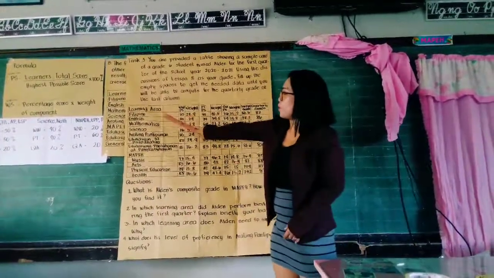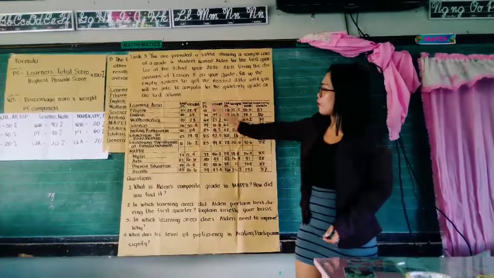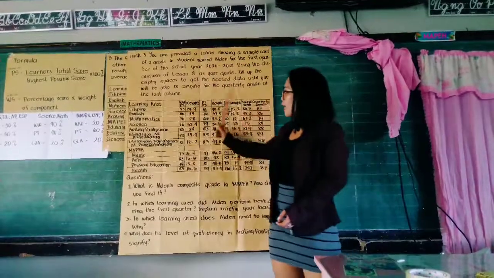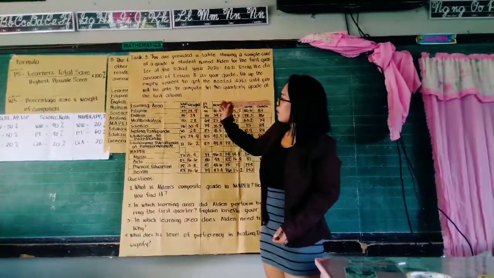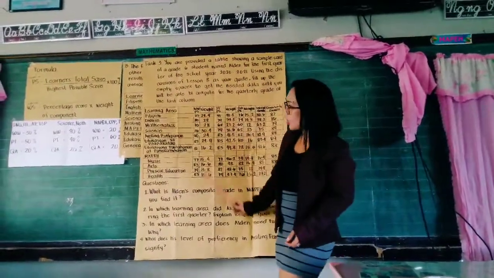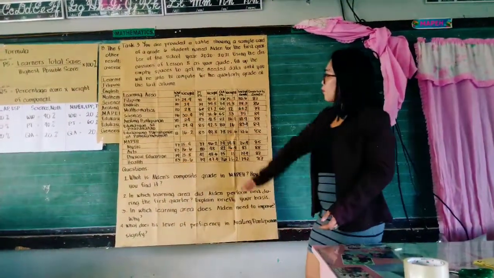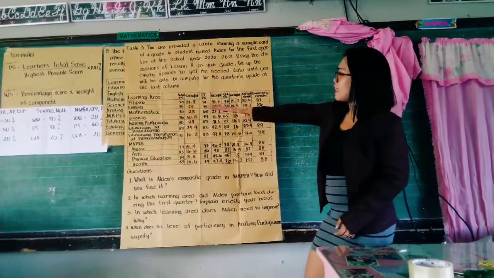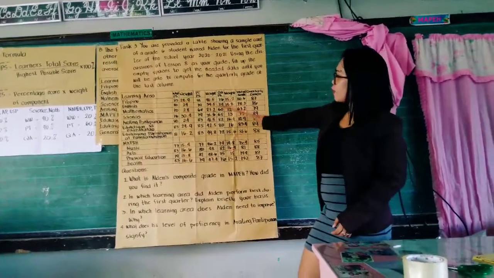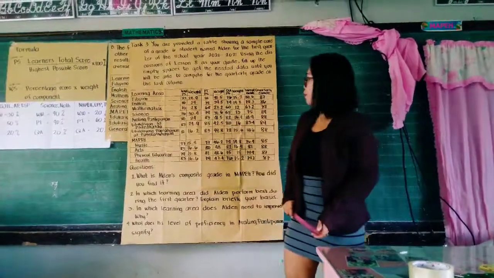Okay, for Filipino, we will compute the weight for written works, performance tasks, and quarterly assessment. So, 83 times 30% equals 24.9. 30% because in Filipino, the weight of the component is 30%. Then, for the performance task, 81 times 50% equals 40.5. 50% because the Filipino performance task weight is 50%.